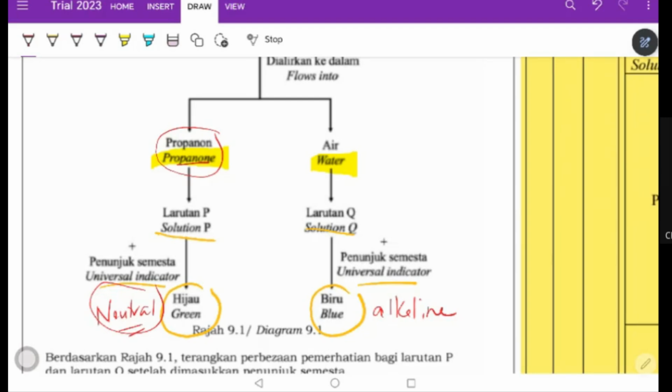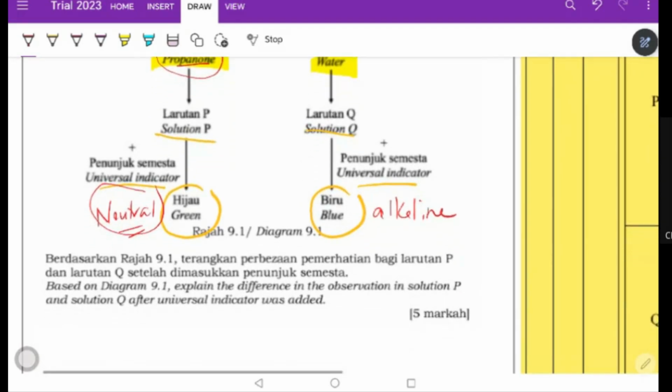Okay, so all this you need to know how to explain. You see 5 marks, how to explain? Explain the difference in the observation. Cannot hydrolyze. Okay, one by one. In organic, we cannot hydrolyze. We don't use the word hydrolyze. We use other words.